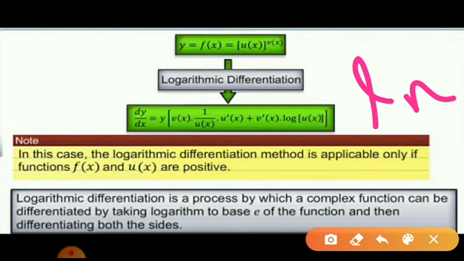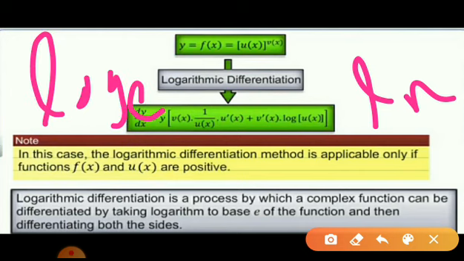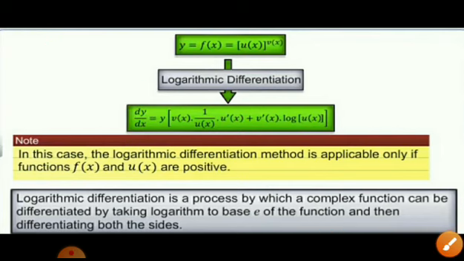That means it is treated as the natural logarithm itself. If it is not specified, it is log to the base e. So we'll now be seeing examples related to this type.